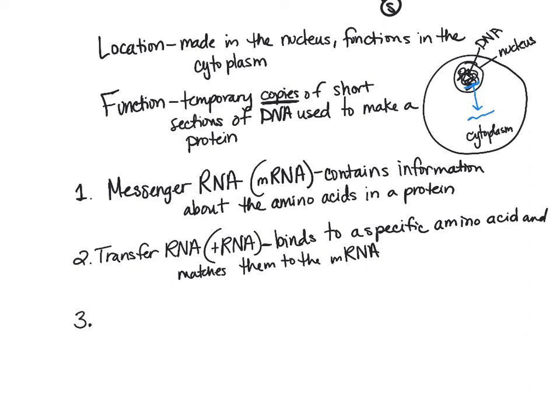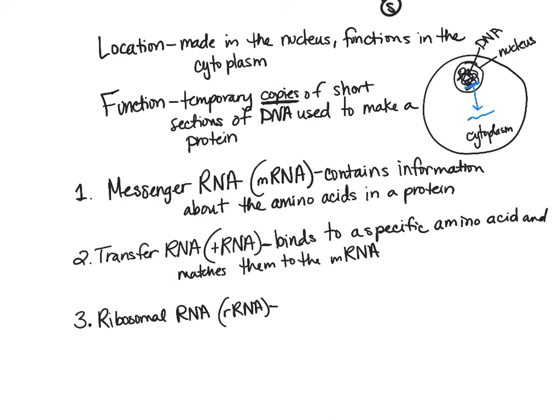But for now, you should understand the differences between the messenger RNA, the transfer RNA, and then the last one, which is ribosomal RNA. This is rRNA. So our rRNA is actually part of the ribosome, which is a different type of organelle, not really an organelle, but lumped together with organelles, which is a type of machinery that's inside of a cell.